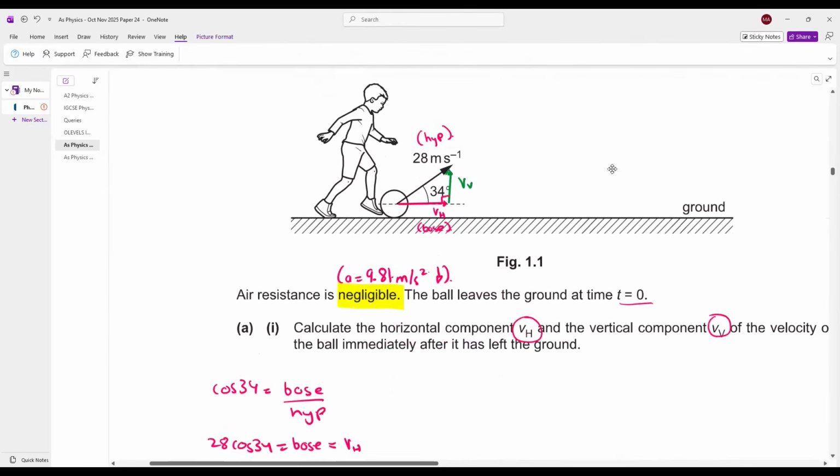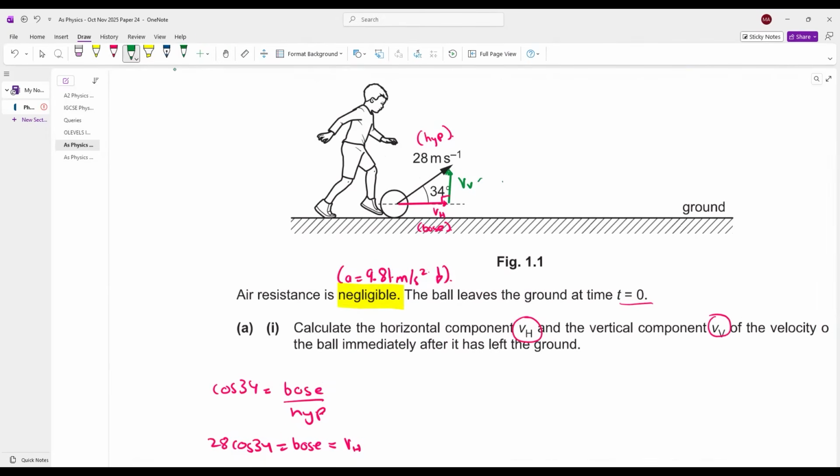Now how will you calculate the vertical component? If you realize this is your perpendicular, this is your hypotenuse, you will say sine of 34 is equal to perpendicular divided by hypotenuse, that is 28. 28 sine 34 is your vertical component. Let's calculate that as well.